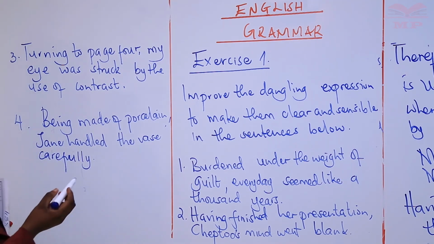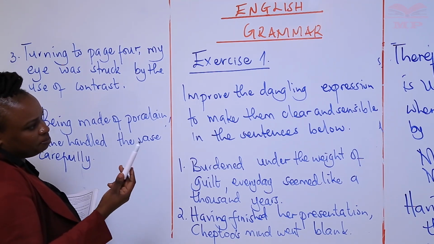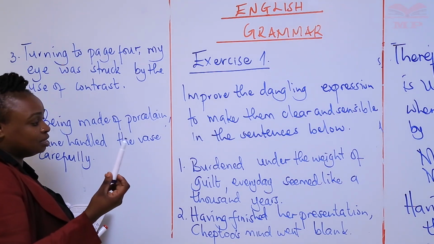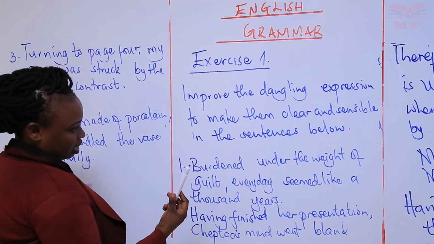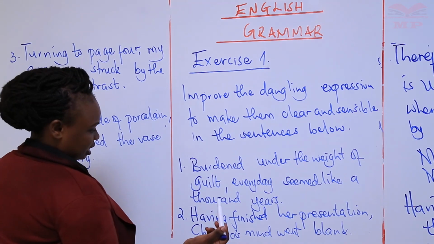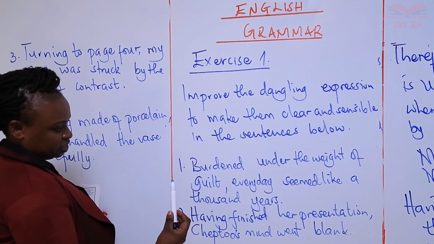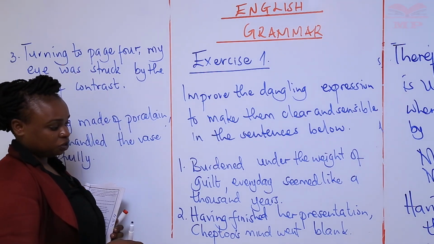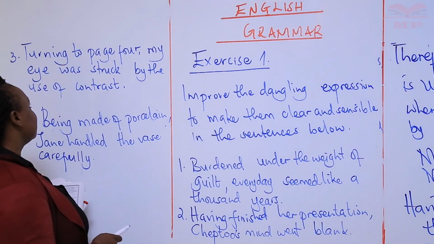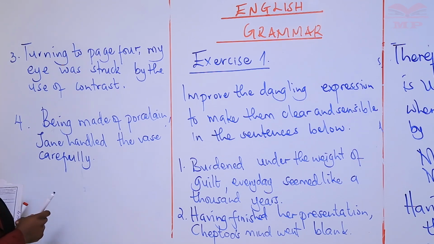Okay, so improve the dangling expression to make them clear and sensible in the sentences below. Number 1, burdened under the weight of guilt, every day seemed like 1,000 years. Number 2, having finished the presentation, Cheptow's mind went blank. Then we have number 3, turning to page 4, my eye was struck by the use of contrast.